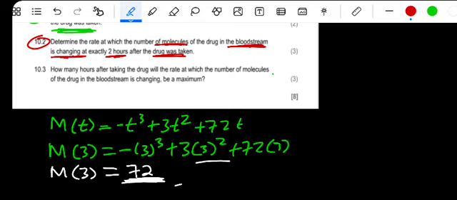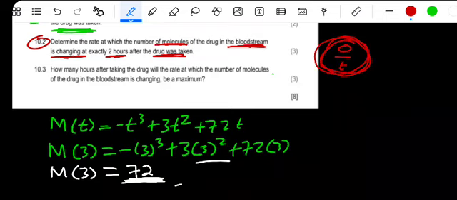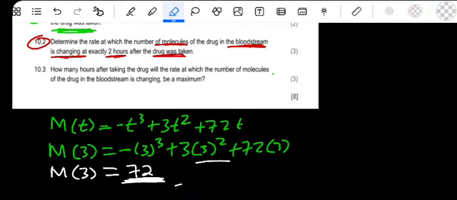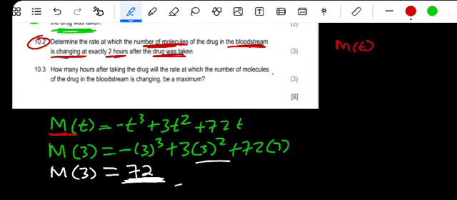If you are doing physics, you'll understand: a rate is something over time, something divided by time. Here it is the rate at which the number of molecules changes, so we are talking about M over time.